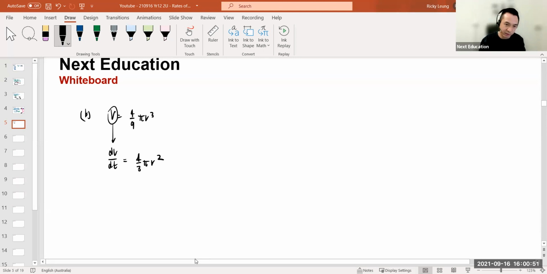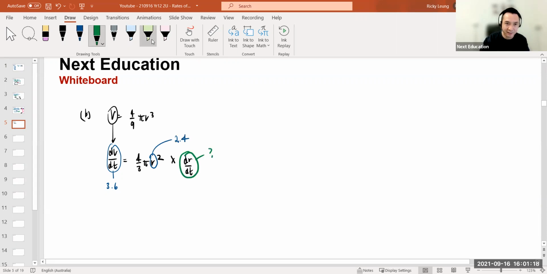And then, of course, I'm differentiating with respect to time, that's in terms of r, so times that by dr dt. So what do I know again? I know dV dt is 3.6, and I know that the radius right now for this question is 2.4. This is what I need.